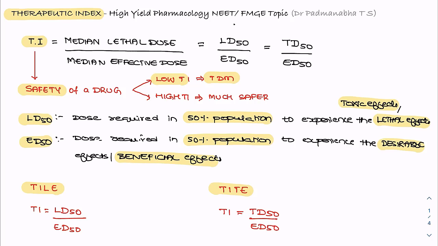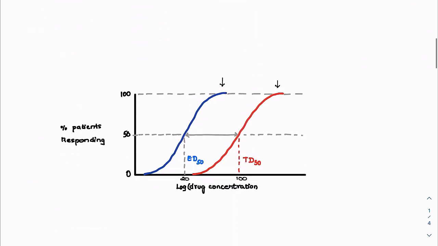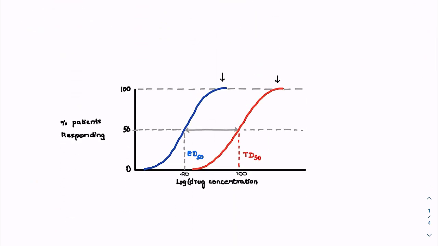Is that clear? Okay. Next, we will see the graph, how to represent the therapeutic index. So this is the x-axis and this is the y-axis.